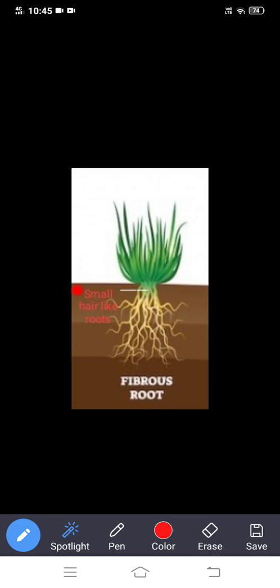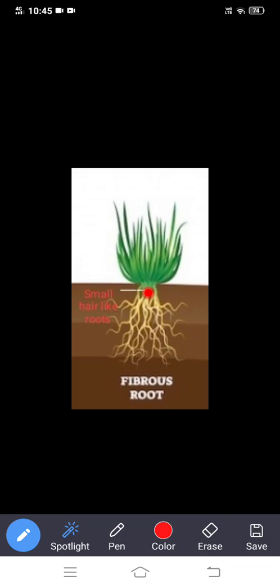So in fibrous root system, do we find any middle root-like structure, main root-like structure? That question is given in the textbook. No, in fibrous root we do not find. Whereas that middle main root-like structure is seen in the taproot system.